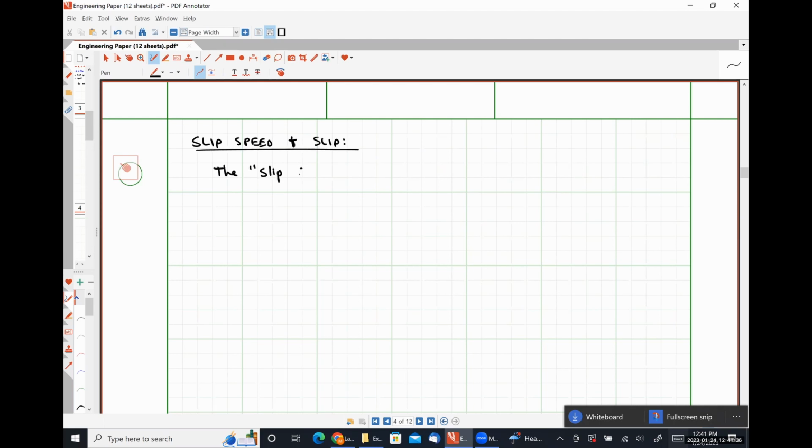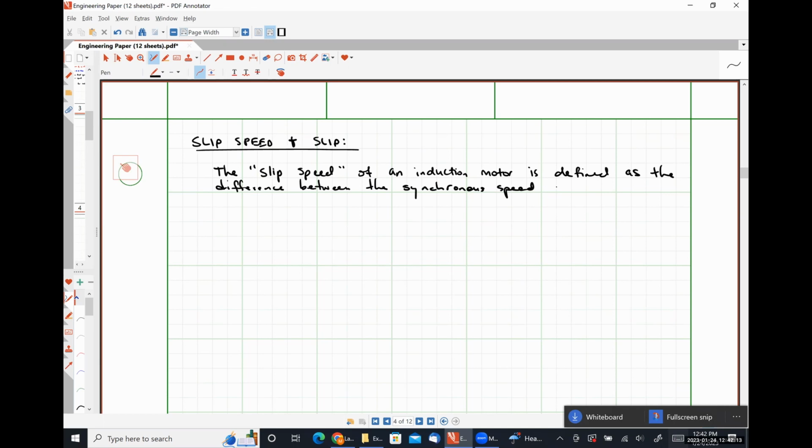So the slip speed of an induction motor is defined as the difference between the stator, or let's call it synchronous speed, that's less words, so we can say that N slip, measured in revolutions per minute, is simply our synchronous speed minus our rotor speed.